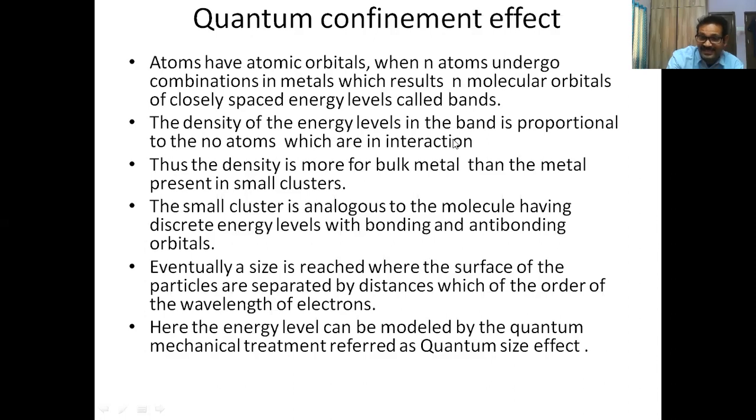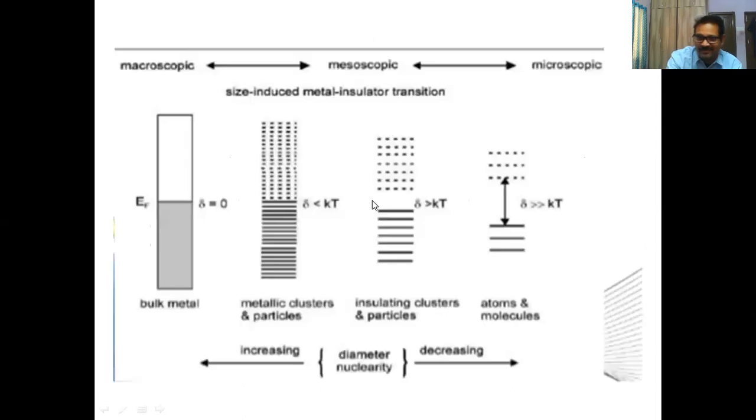So we can see there is a spacing in the energy levels. The small cluster is analogous to a molecule having discrete energy levels. So we can distinguish the bonding and anti-bonding orbitals because there is a spacing in the energy levels when the size is reducing, because only a few atoms will be there.